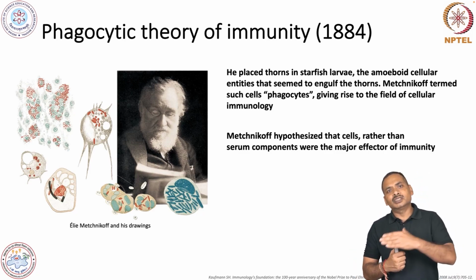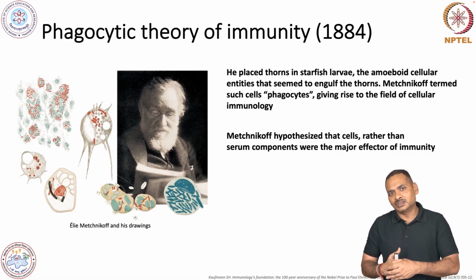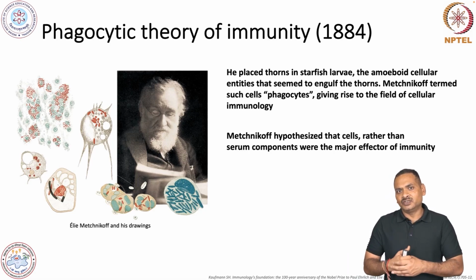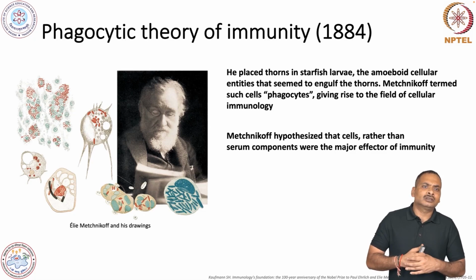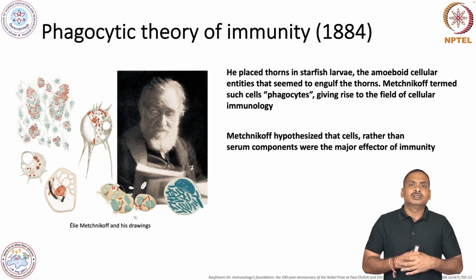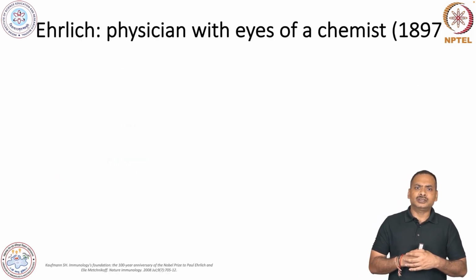So, he was against all those schools of thought which supported that there is some soluble component giving defense. In that way, for his work, Metchnikoff also received the Nobel Prize.